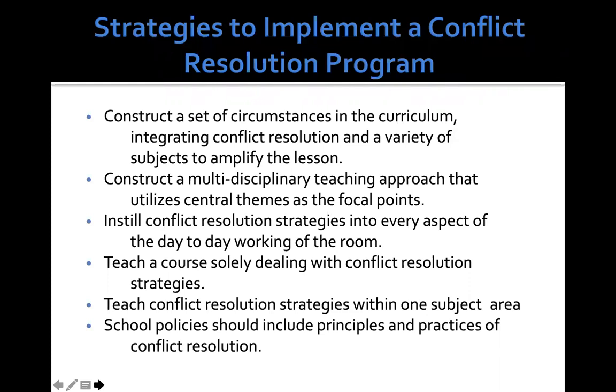And then in your policies and procedures, if we have any administrators or future administrators on the call or watching it on the recording, review your school policies and make sure there is a plan and an implementation in place to address principles and practices of conflict resolution. So I do want you to, at this point, pause and think about if your school does have these policies, and are they followed? And do they need to be updated if they don't exist?